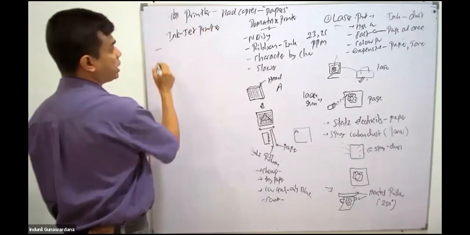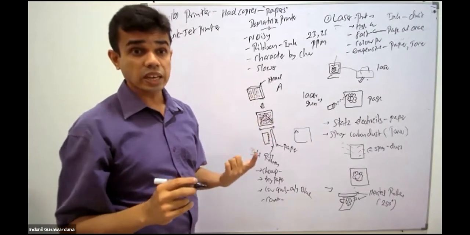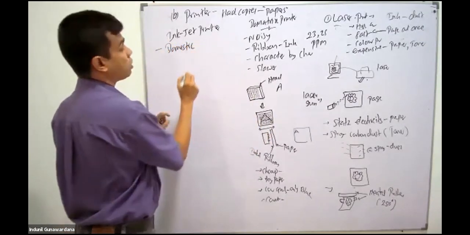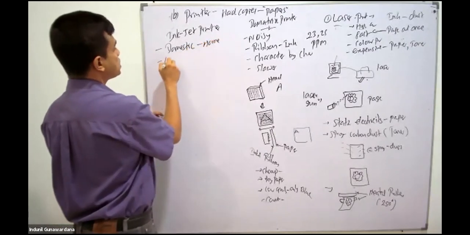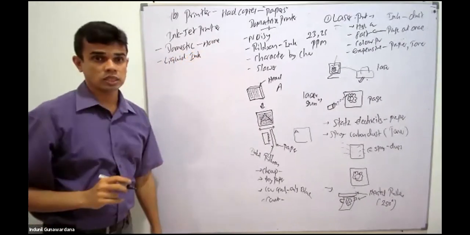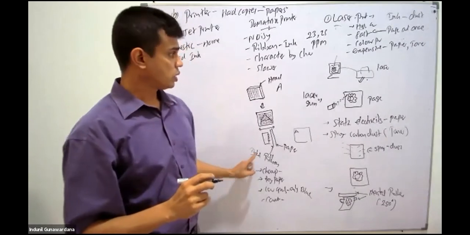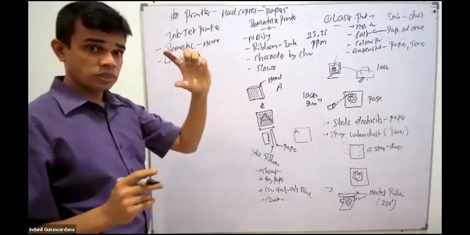Now, this inkjet printer is the printer we use in our domestic environment, in our home environment. This uses liquid ink as the print source. Now, this is using an ink ribbon, this is using toner dust, this is using liquid ink.